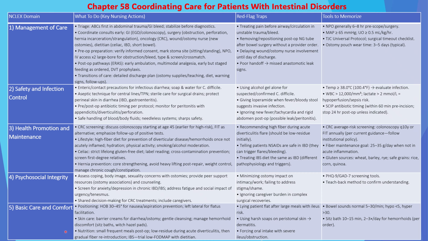So just memorize that normal bowel sounds are between 5 and 30 per minute. Hypo is less than 5. Hyper is more than 30. Sitz bath 10 to 15 minutes, 2 to 3 times a day for hemorrhoids, per order. Think of a sitz bath like a cold bath, the same as when you have a sprain in a leg, an arm, any joint.